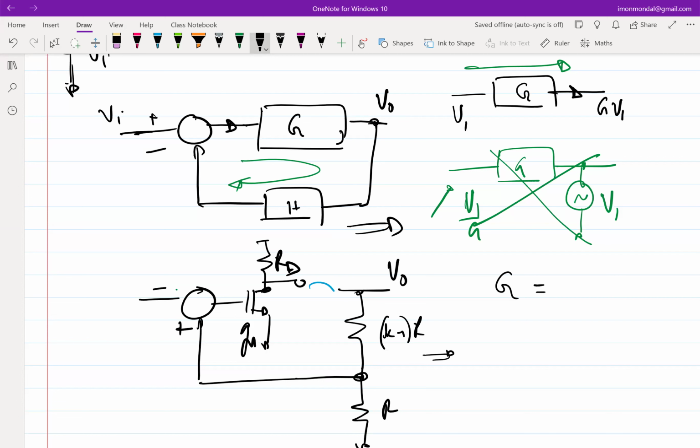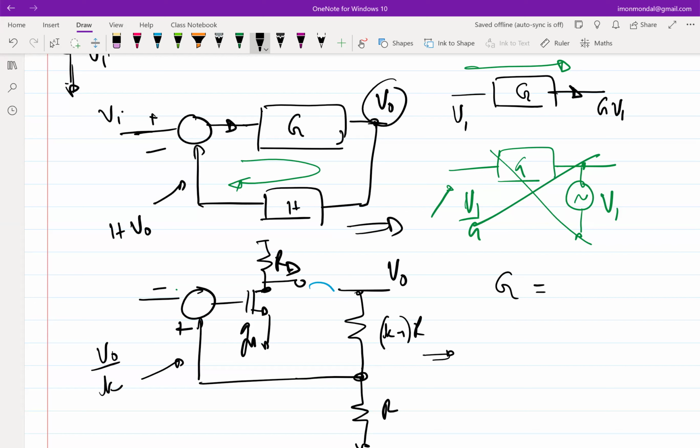One by K, right? H is what fraction of the output is fed back. So this is V0, this is H times V0. So H times V0 is fed back. If I draw the equivalence, the stuff that is fed back is V0 over K. So H is 1 over K, okay?